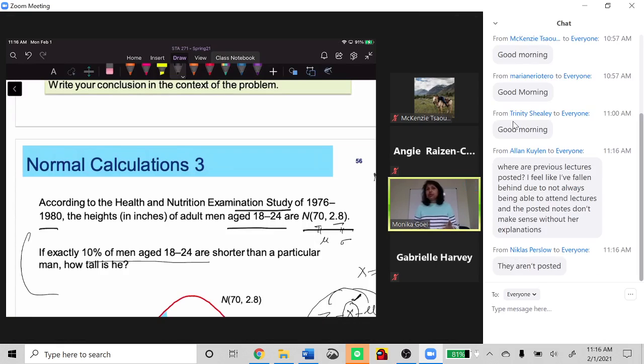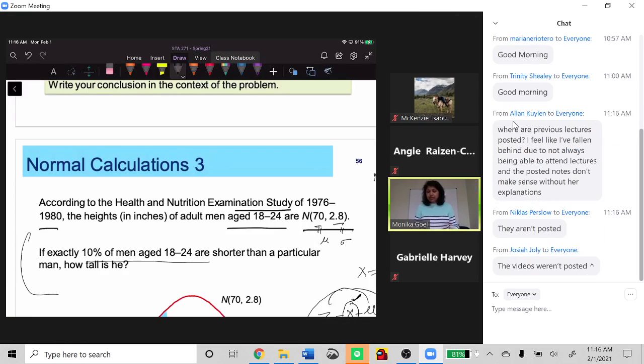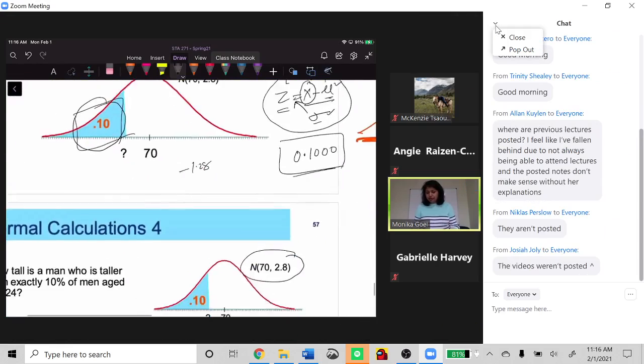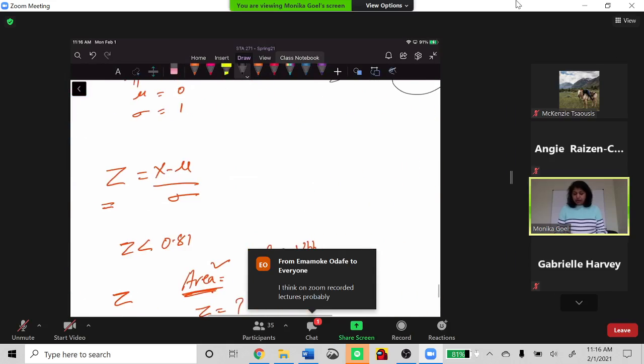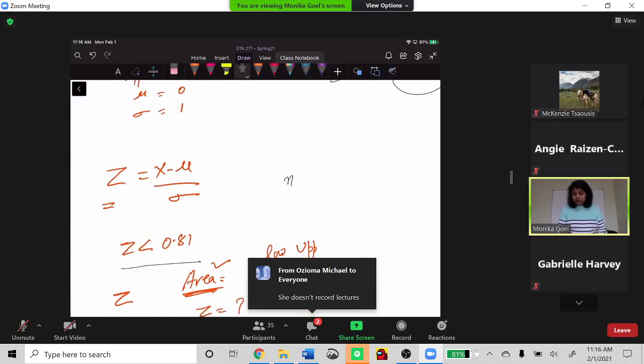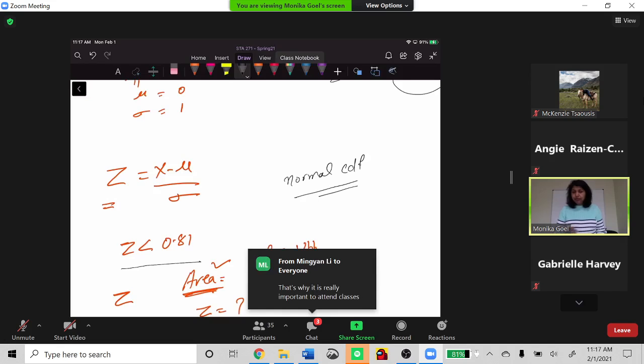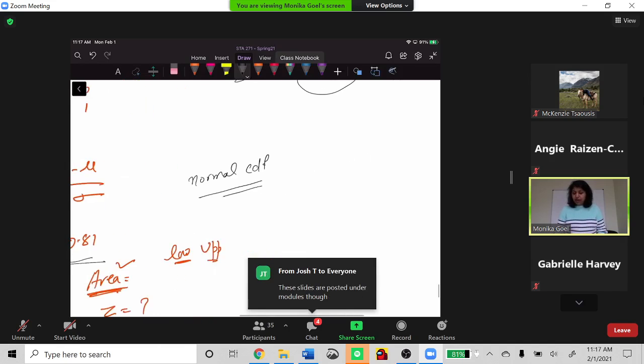So this is how we use the table. How do we use the calculator to work on these kinds of problems? Last time we talked about when we are looking for the area of z less than 0.85, we use normal CDF because we are looking for the cumulative distribution, how much is from negative infinity up till 0.85. Now the area is given to us, and your mean and standard deviation are given to us.